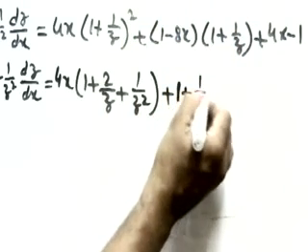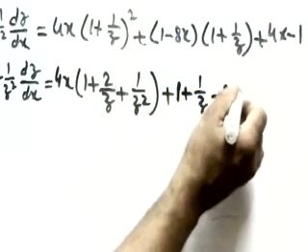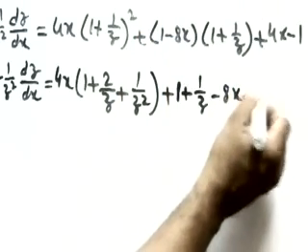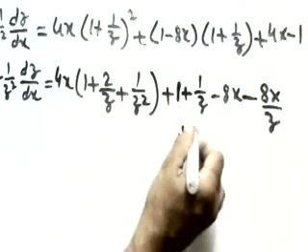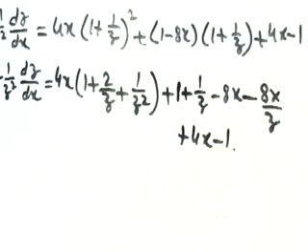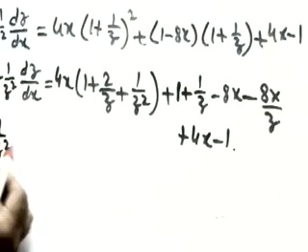Let me multiply this one. 1 into 1 will be 1. 1 into 1 by z will be 1 by z. Minus 8x into 1 is 8x. Minus 8x by z. What is left here? Plus 4x minus 1. Now let me multiply with this 4x. So let me continue, write this as it is.